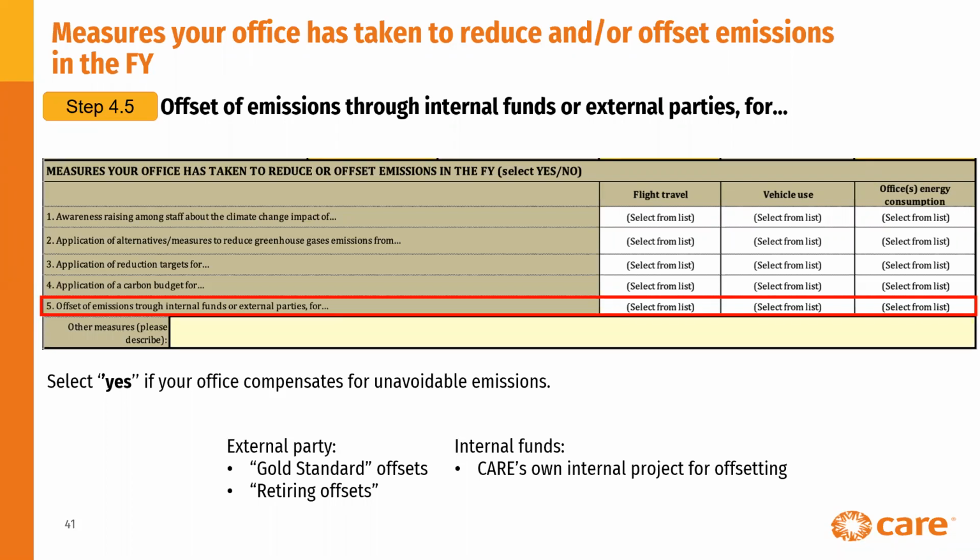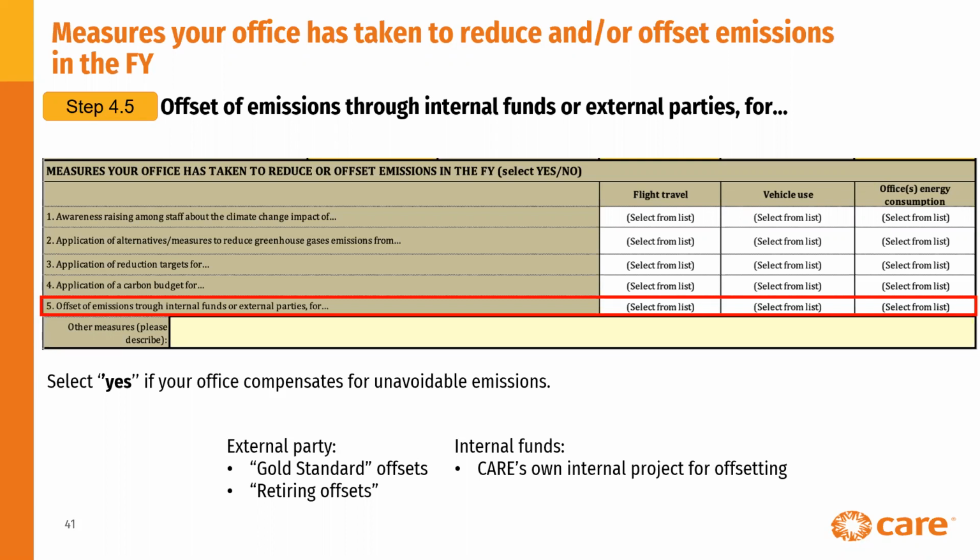Using credible carbon offsets from known projects that have a high social impact and environmental integrity is better than doing nothing at all. Compensating for emissions can be done either through an internal fund or external parties. In both processes, some aspects must be taken into consideration for offsetting your office emissions.